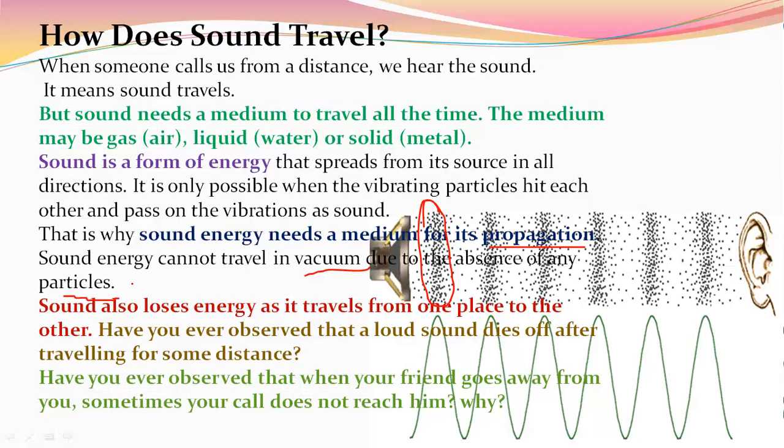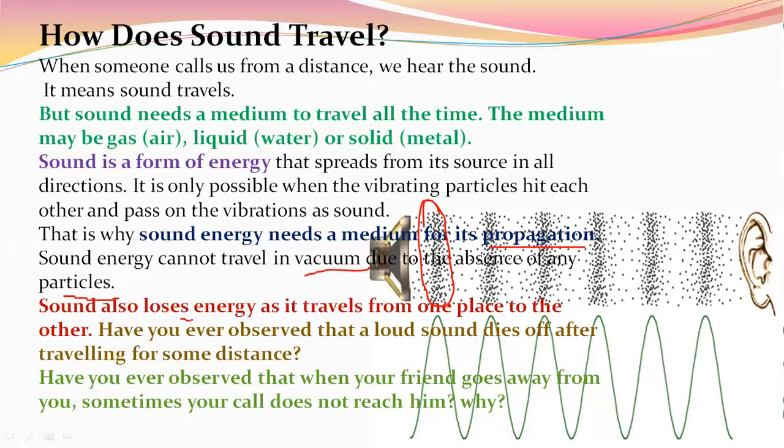If there are no particles, it means there is vacuum. So the sound will not travel. How can sound travel if there are no particles? So there is no crest and trough and no striking and passing of the energy to other molecules.